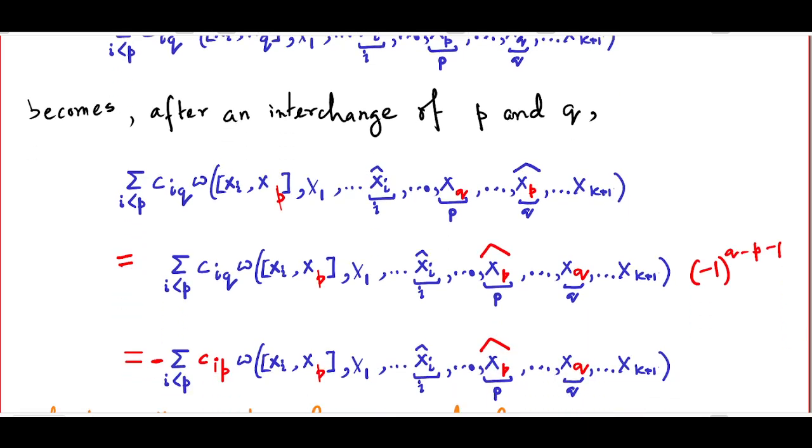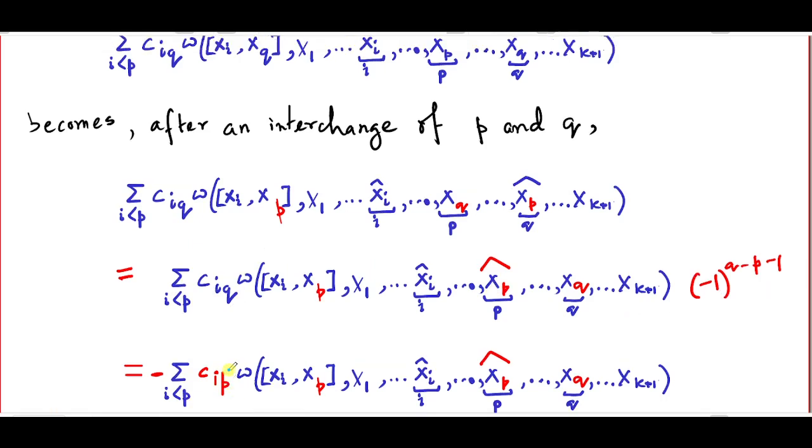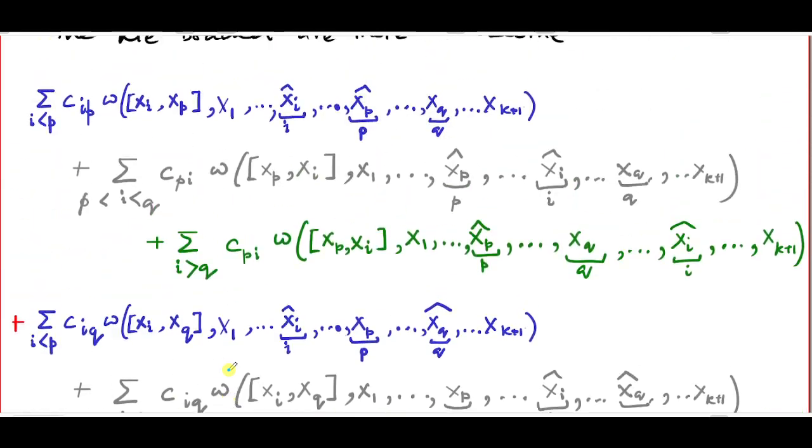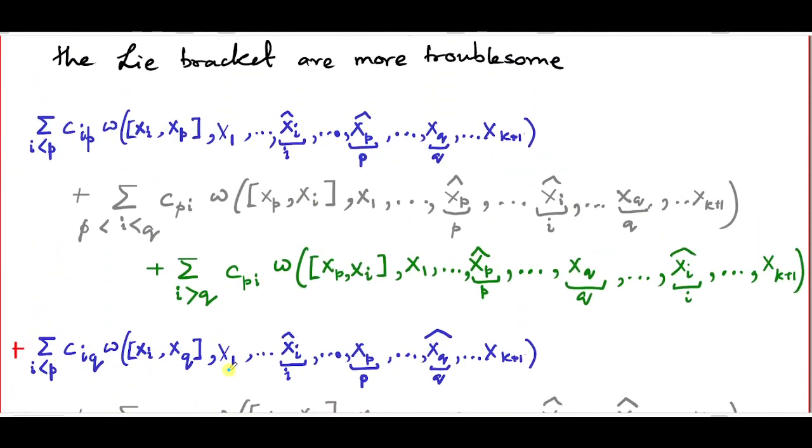And since we already have the result, the relationship between c_ip and c_iq, this actually tells us that c_iq multiplied by this factor will be minus c_ip. And this tells us that after you interchange xp and xq, this term here will actually become the negative of this term.